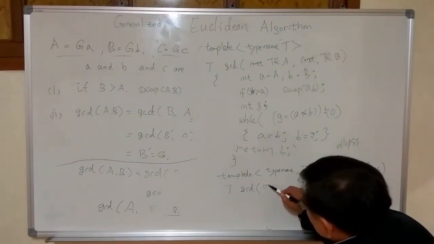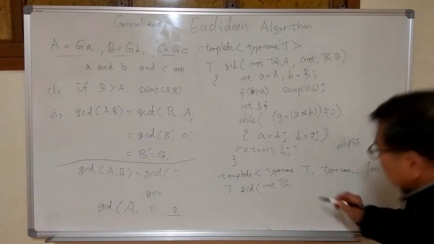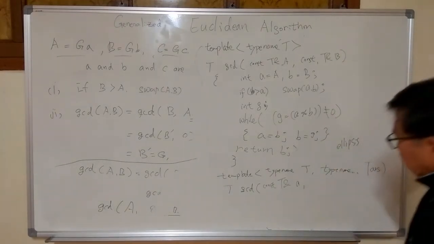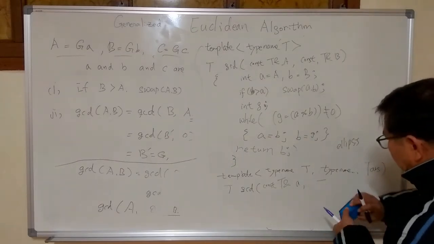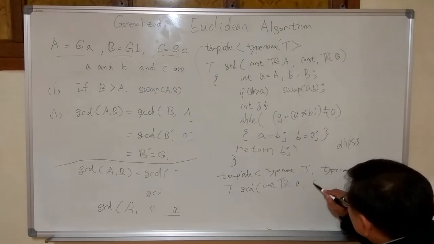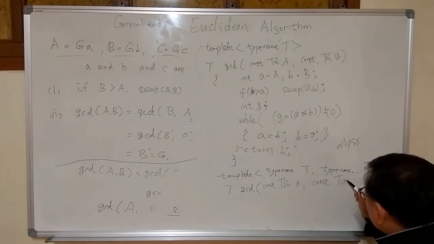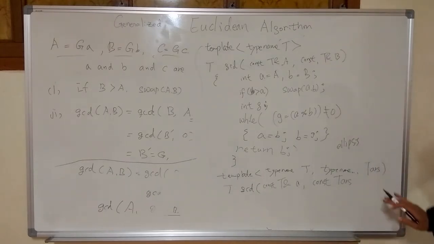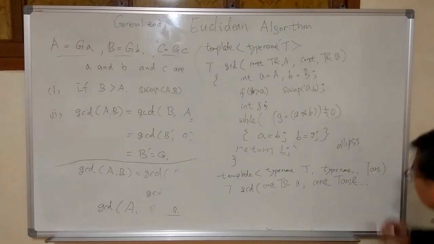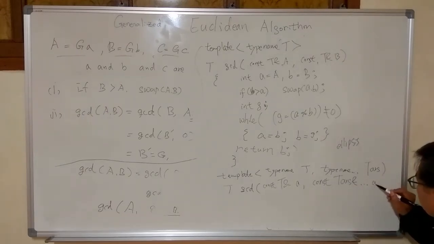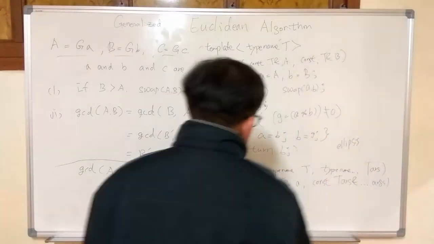here const T ampersand A, here const TARGS ampersand, three dots, then ARGS. This is the parameters.